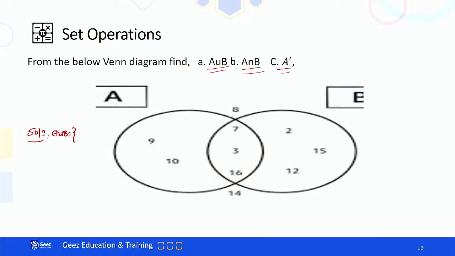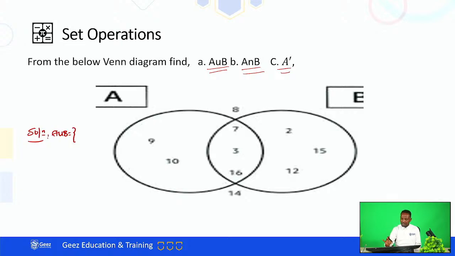A union B means the set of all elements that belong to either A or B. So we have 2, we have 3, we have 7, we have 9, we have 10, and again we have 12, and we have again 15, and finally we have 16.